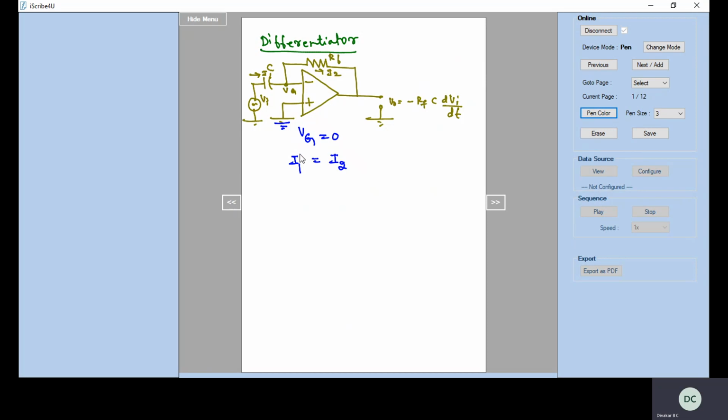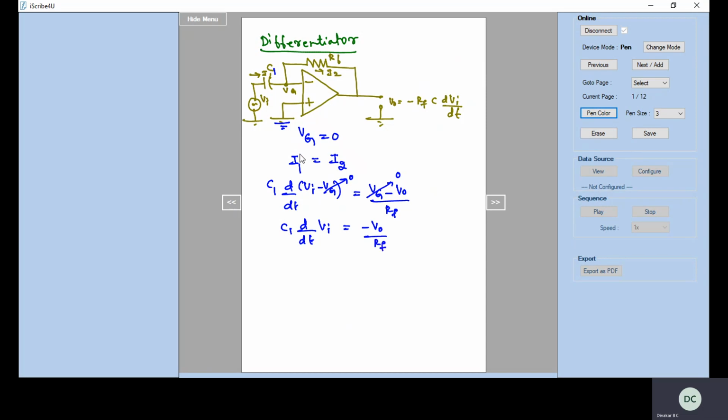The current flowing through the capacitor is given by C into dV by dt, so C1 into d by dt of (Vi minus Vg), and this equals (Vg minus V naught) by Rf. Since Vg is 0, C1 into d by dt of Vi is equal to minus V naught by Rf.